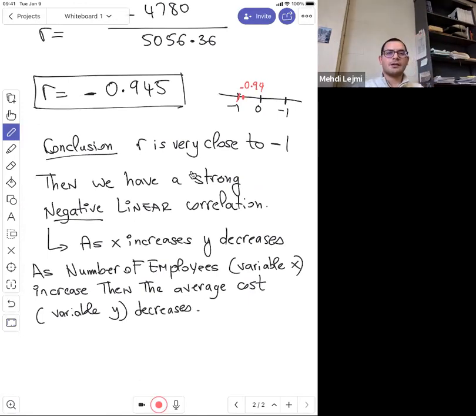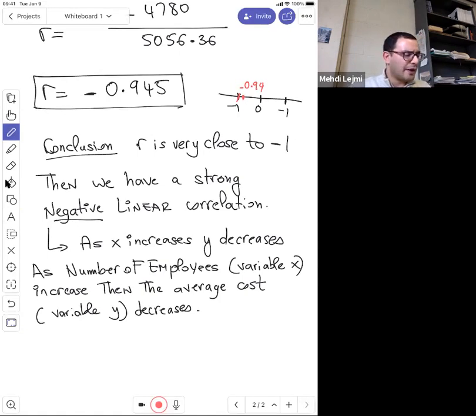Okay. So again, guys, once you compute your R, this sample correlation coefficient, you need to comment on the value of R: if R is close to +1 or -1, if R is close to 0, etc. In this case, it's very close to -1, so we have a negative, very strong linear correlation.